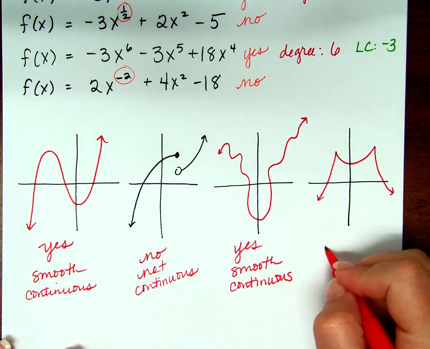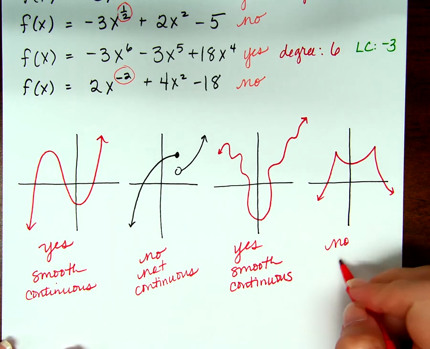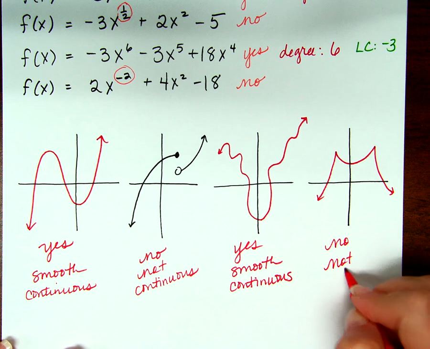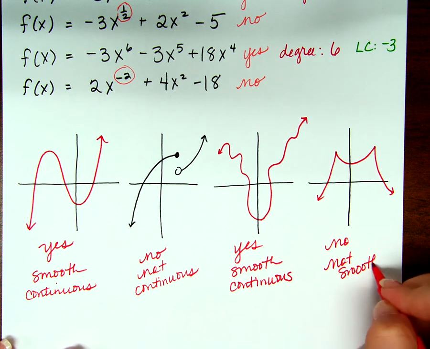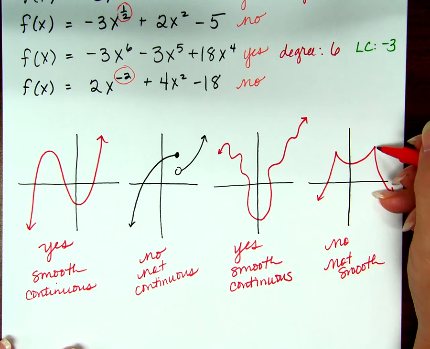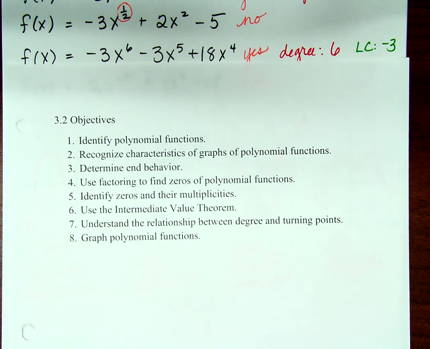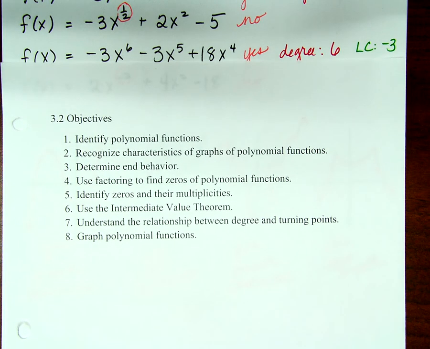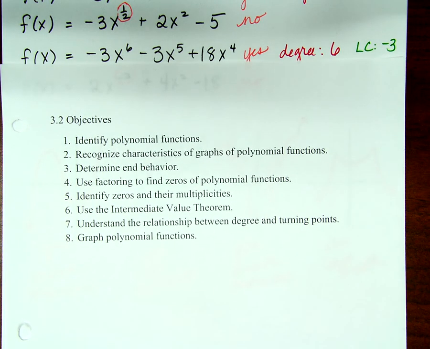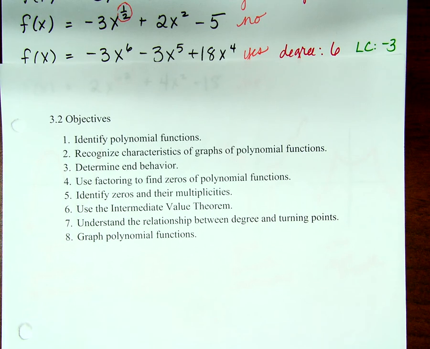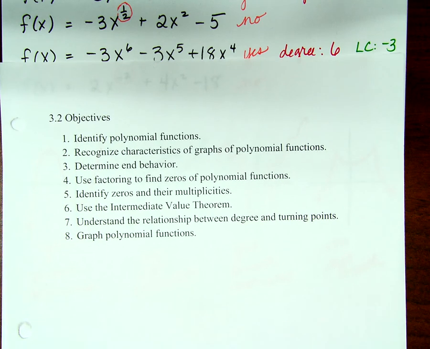No, why? It's not smooth. Not smooth. Because of that point right there and that point right there. So do you see what I mean by smooth versus not smooth? Yeah? How do you feel about identifying polynomial functions? And how do you feel about recognizing the characteristics of the graph of polynomial functions?